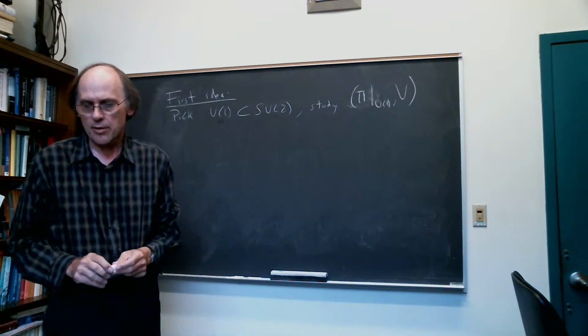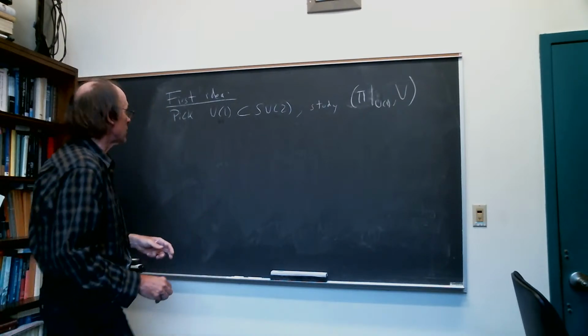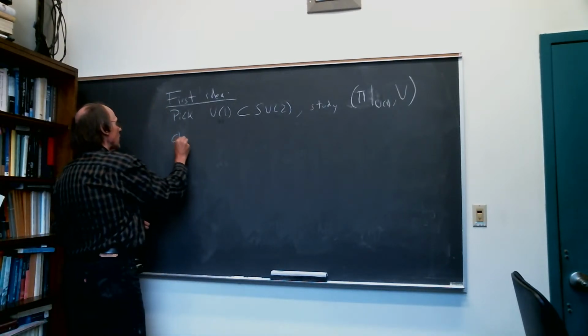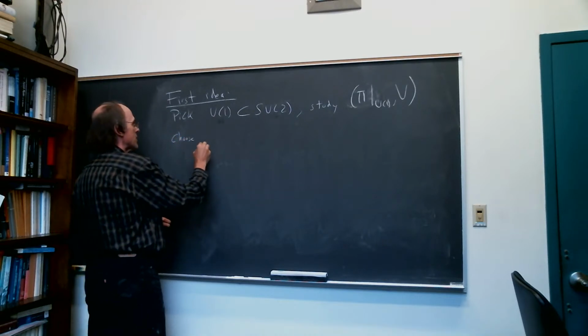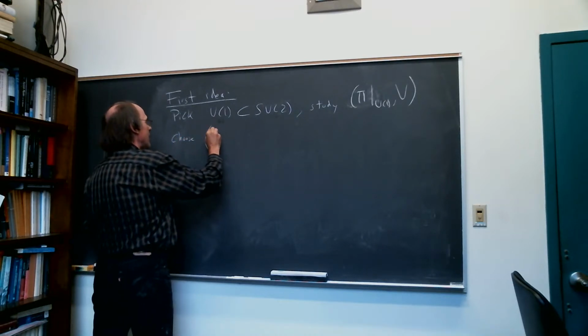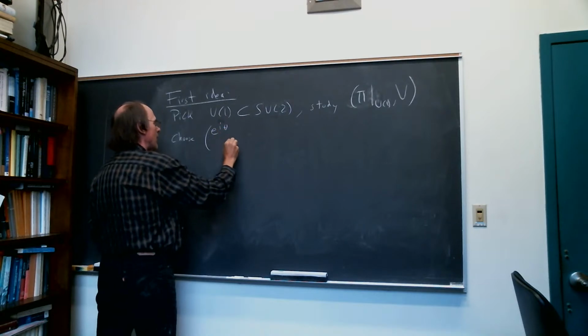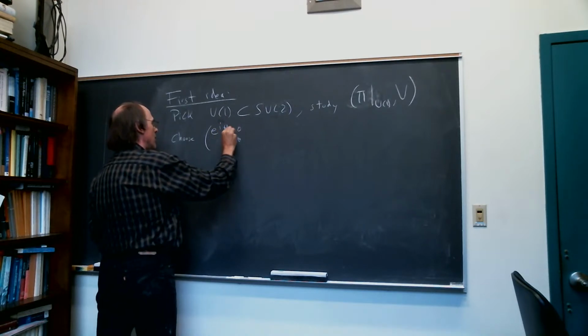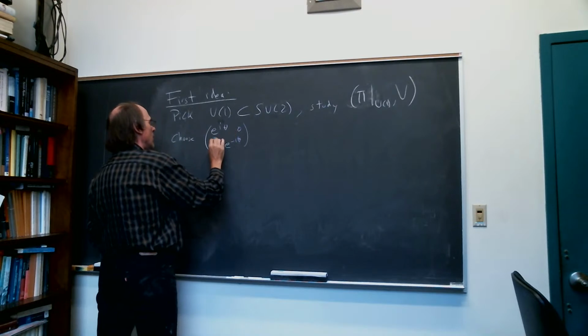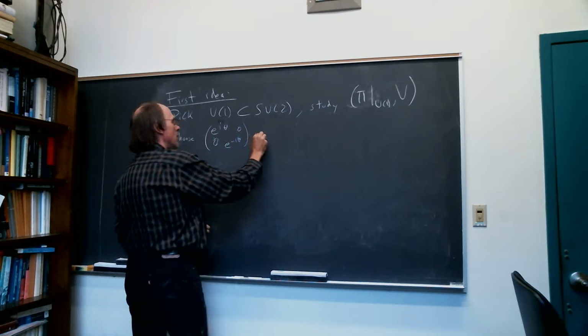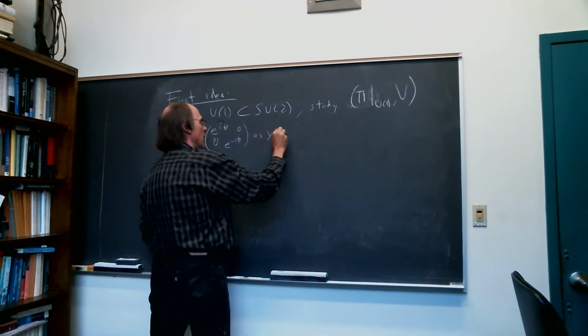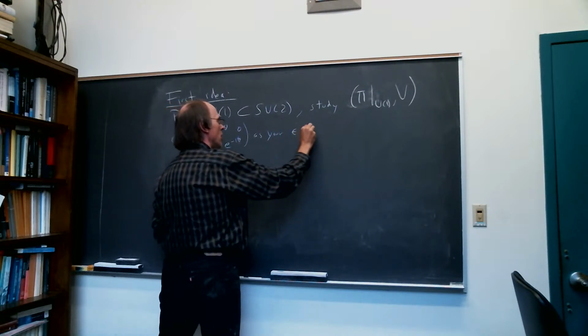Okay, and so the standard thing to do is to choose the simplest choice, either e to the i theta or e to the minus i theta, as your elements of U1.